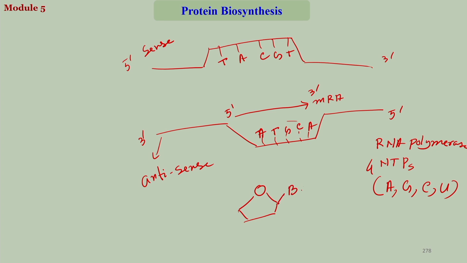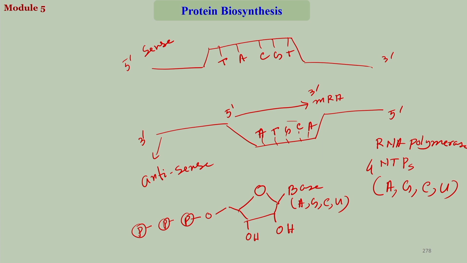The general structure being, here is the base, A, G, C or U. Here you have a hydroxyl group, here you also have a hydroxyl group, and as usual you have phosphate, phosphate and phosphate. So, this is the NTP, and RNA polymerase will be used instead of the DNA polymerase. It will use this as the template and will synthesize the complementary RNA strand.